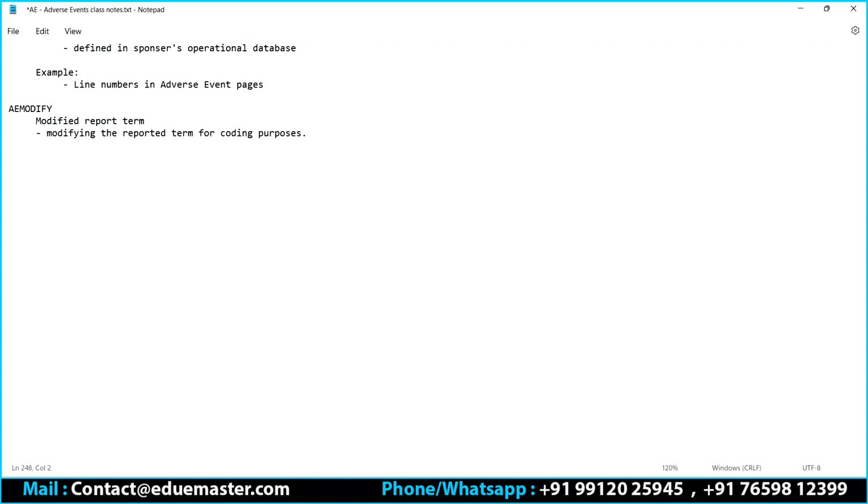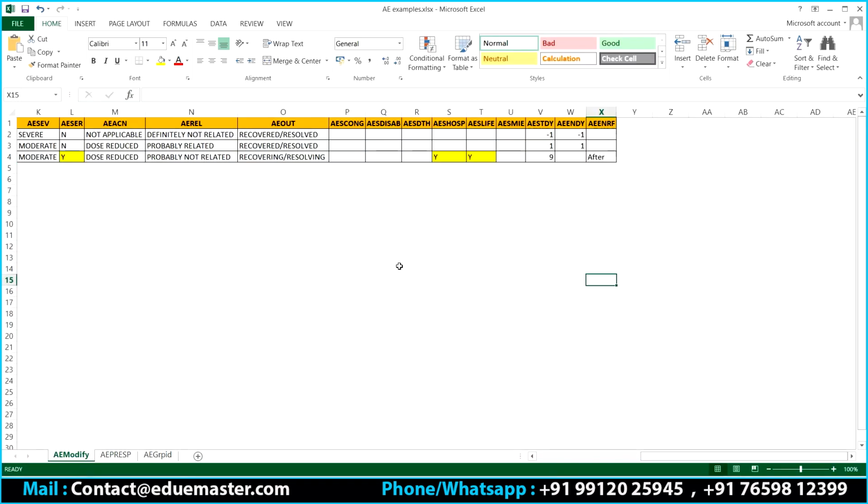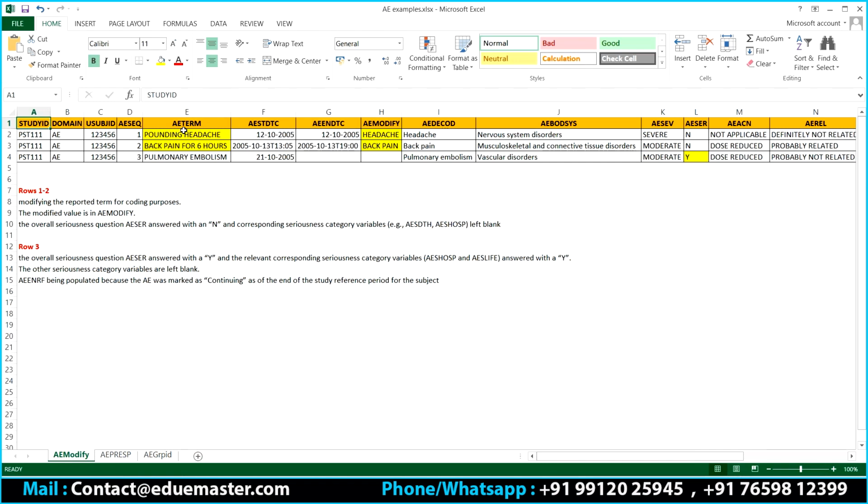This is the best example. You can see my term is still part of AE term, but the AE modify is the one which is going to have the details about your modified event or modified reporting term. Clear?